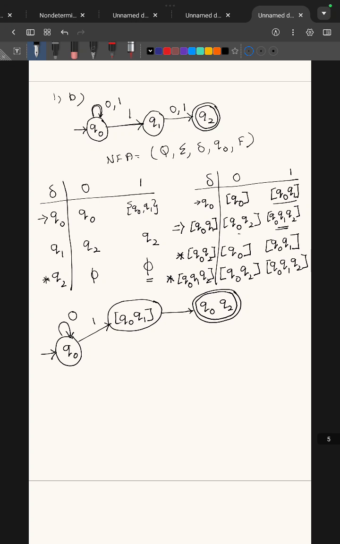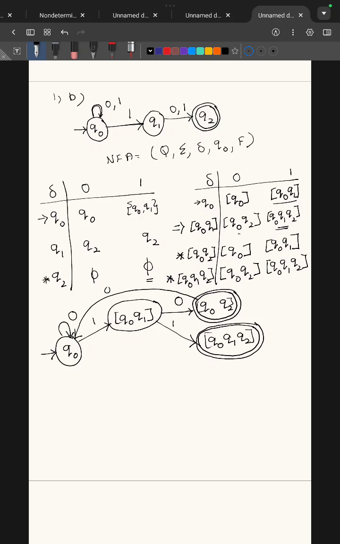On 1 it is going to Q0 Q1 Q2. This is also a final state because we have Q2 over here, so this state also we represent using a double circle. Now Q0 Q2 on 0 is going to Q0. Sorry for the congestion.